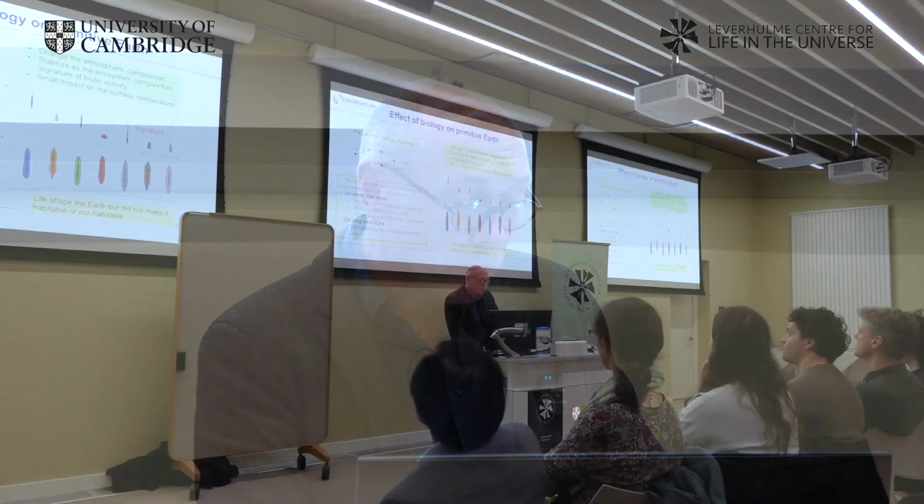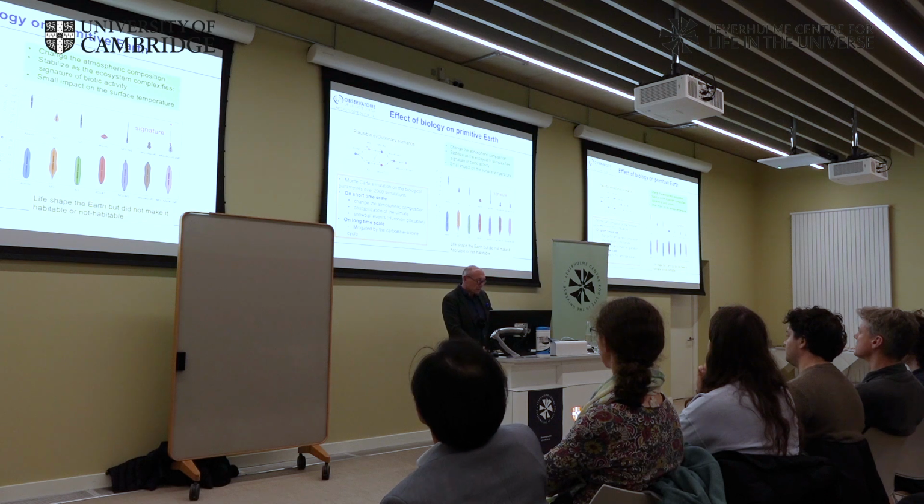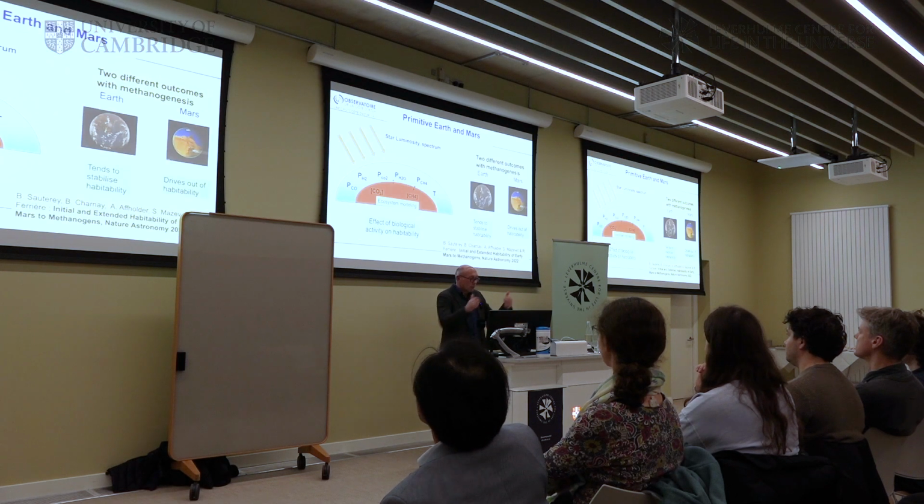So biology and the carbonate-silicate cycle react, and each time you stabilize. The conclusion of that work is that life shaped the Earth, and we could quantify it. I think that's the first time we can quantify exactly how simple chemotrophic life impacts the atmosphere. But it did not make it habitable, contrary to all those Gaia hypotheses in the literature in the 60s and 70s.